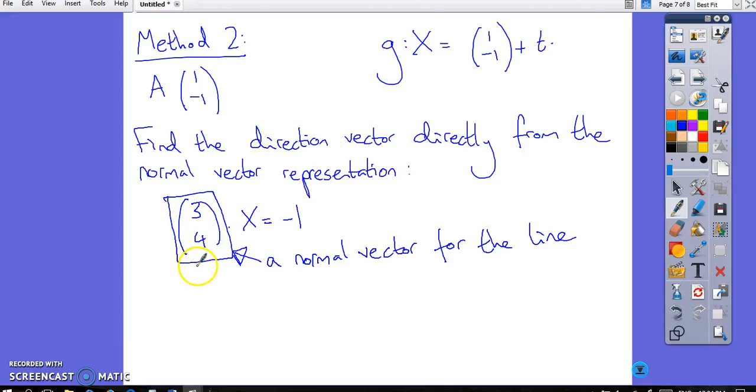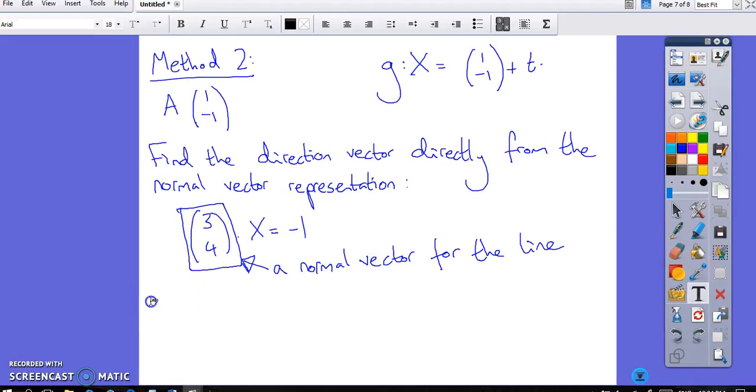So, a direction vector for the line, let's write this down, not in my handwriting: a direction vector for the line is perpendicular to the normal vector for the line, or to any normal vector.